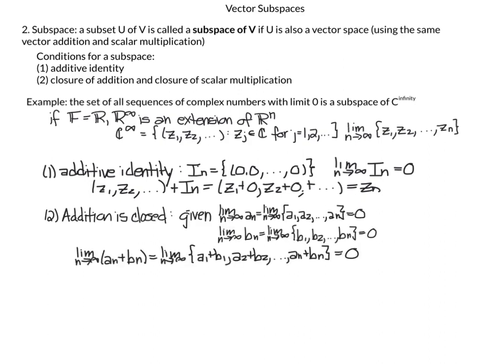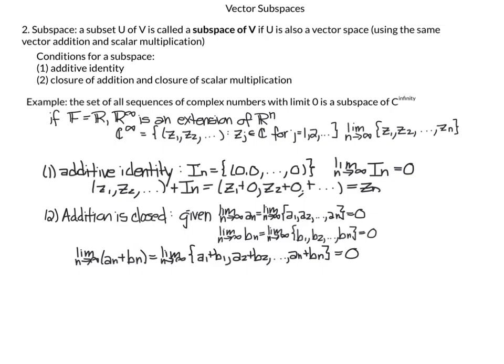The next thing to verify is that addition is closed. I have two sequences with the limit equal to 0. So the limit as n approaches infinity of an, a1, a2 up to an, equals 0, and the limit of bn is equal to 0.